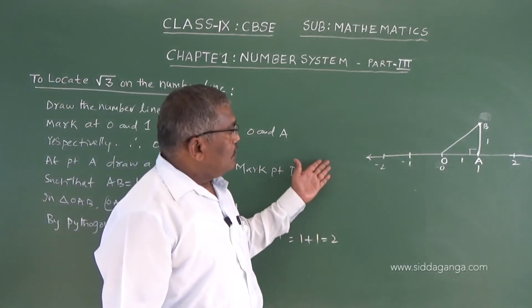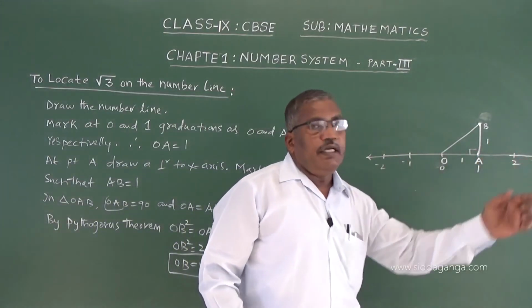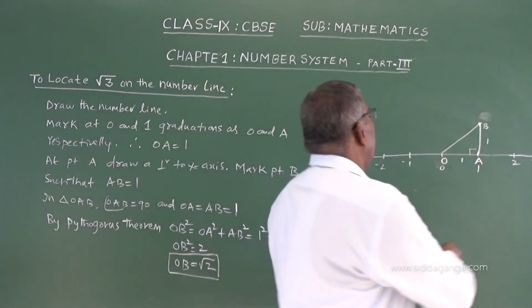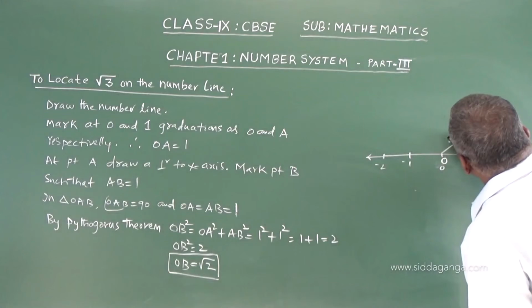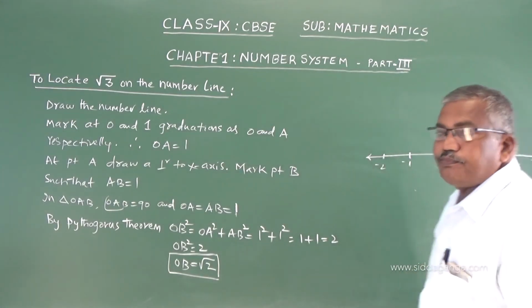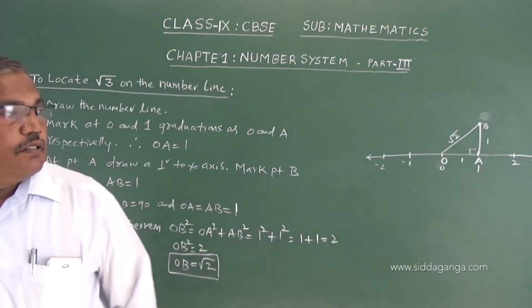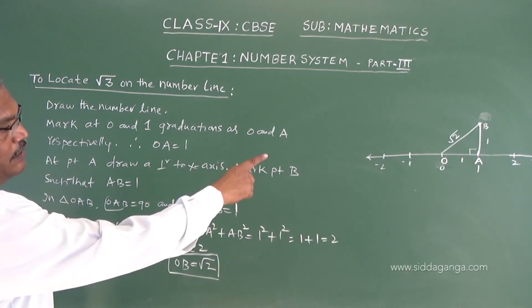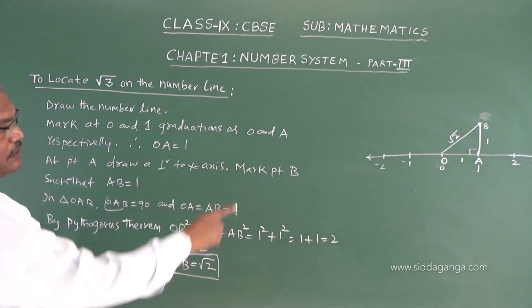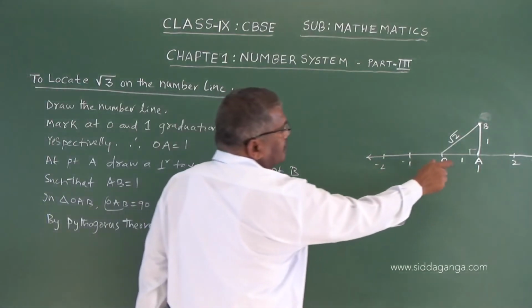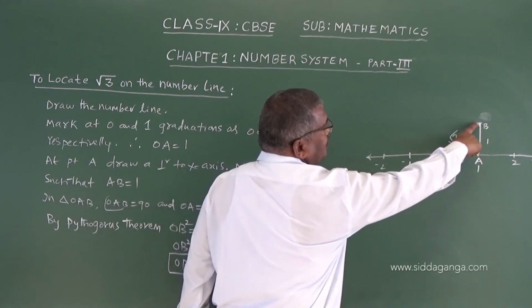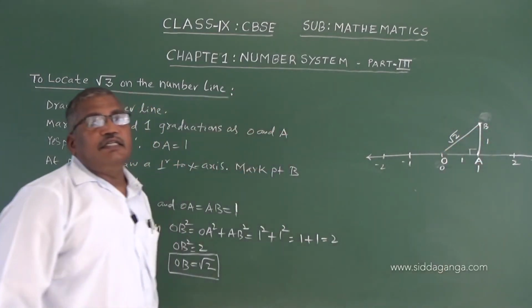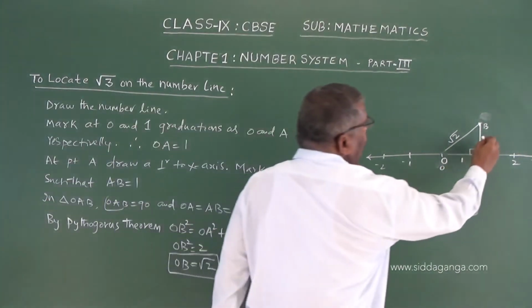Since OB is root 2, we want to locate root 2 on the number line. So this distance is root 2, we can mark here, it is root 2. So now, using compass with O as center and OB as radius, draw an arc to cut the x-axis at some point.